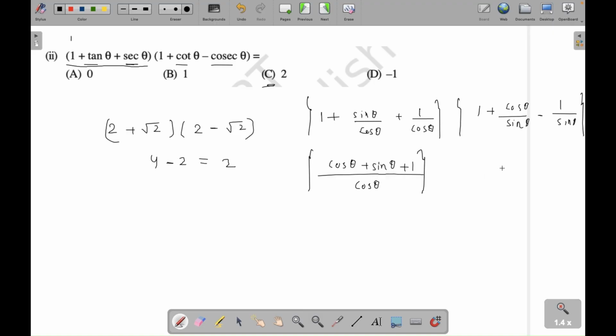Again the LCM is sine theta. This becomes sine theta plus cos theta minus 1. Now we can form two pairs. This is A plus B and this is A minus B, so this becomes A square minus B square.